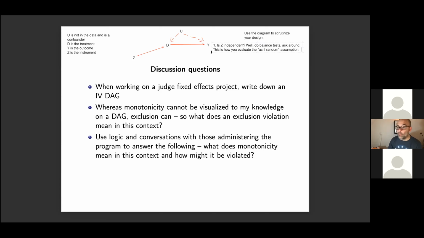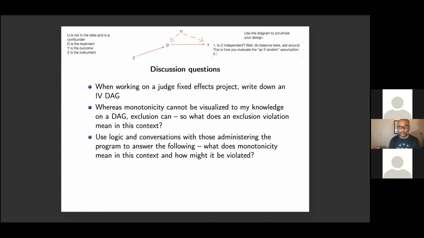So if you see someone presenting an IV paper, you're going to ask them about this randomness. You're not a jerk about it, but you're going to ask them, how confident are you that Z is random? How confident are you that it's exogenous? Is there any evidence that you can present for it? Maybe some balance tests. Tell me more about it, right? That's what you're going to be investigating.